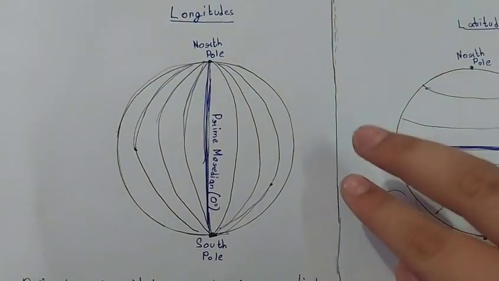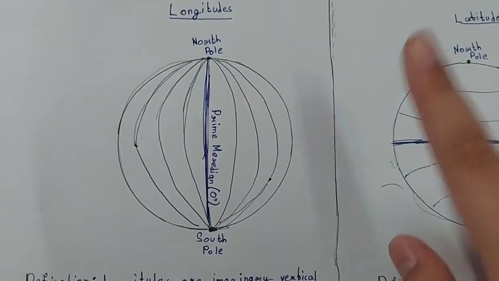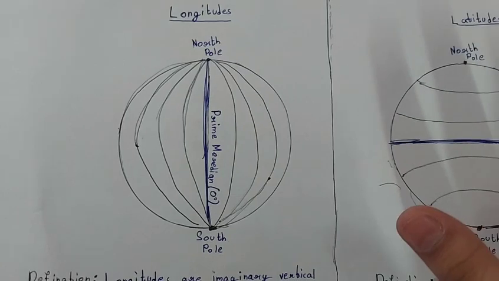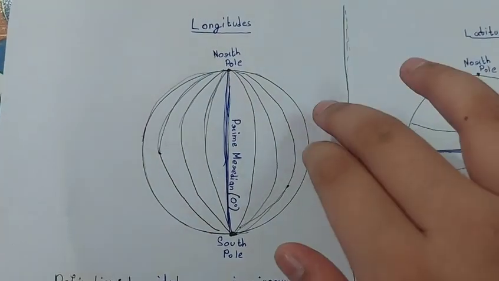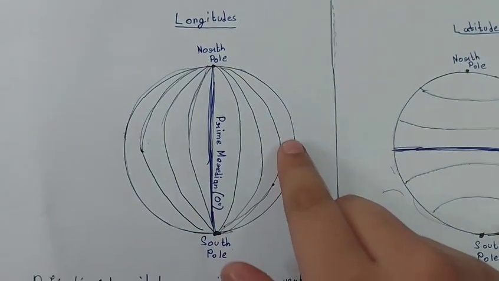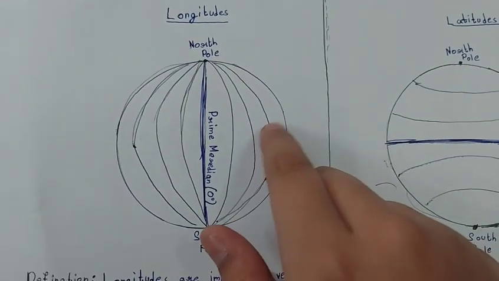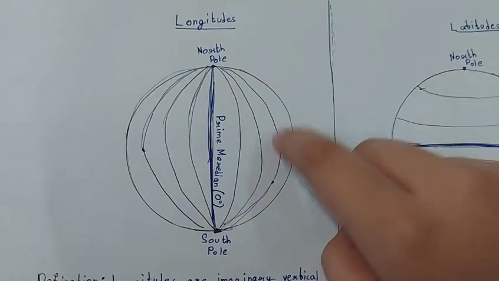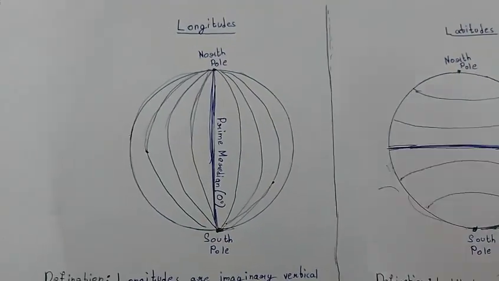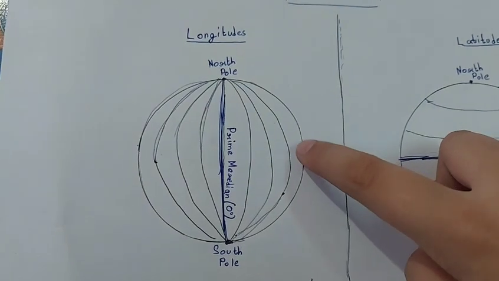So that's why there is a 1 hour difference for every 15 degrees of longitude. For example, from this longitude to this longitude there are 15 longitudes, and the sun is here right now. It's visible here.